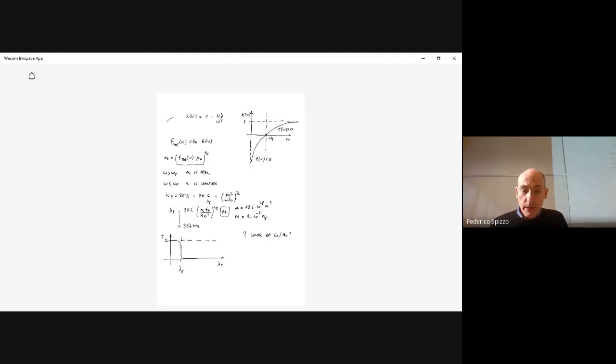Just one comment concerning the frequency or the wavelength. Why plasma? Why do we call that plasma frequency or plasma wavelength? In general, if you have a system with electrons, as in this case, and you consider the electronic density, the electronic density will not be strictly uniform. So you may have oscillations, perturbations of the electronic density.